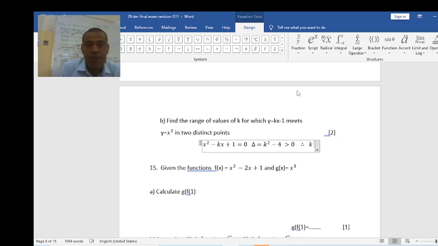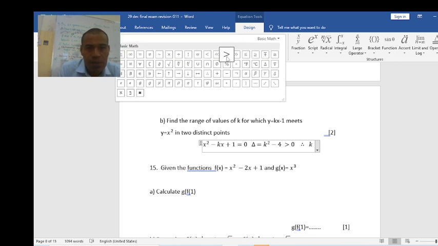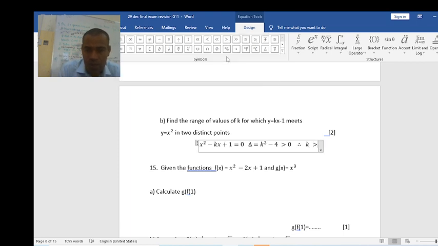So k is more than 1 or k is less than -1. Okay, these are the roots.